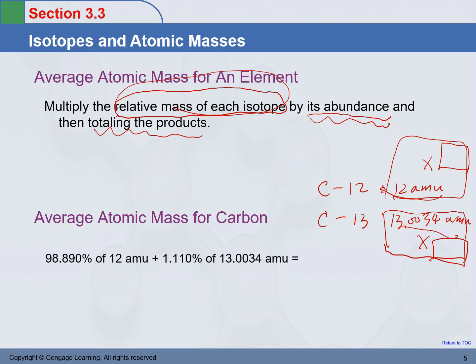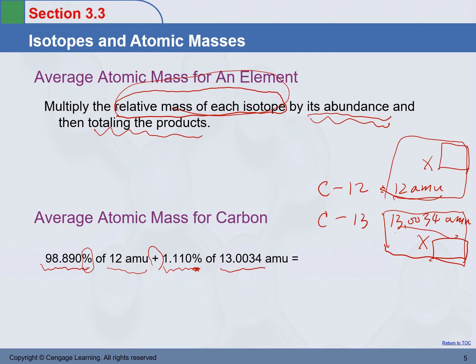Oh, the abundance of carbon-12 is actually 98.890%. The abundance of carbon-13 is actually 1.110%. Remember, the percentage sign here means divided by 100. So you have to use 98.890 divided by 100, multiply it by 12. Then 1.110 divided by 100, multiply it by 13.0034.